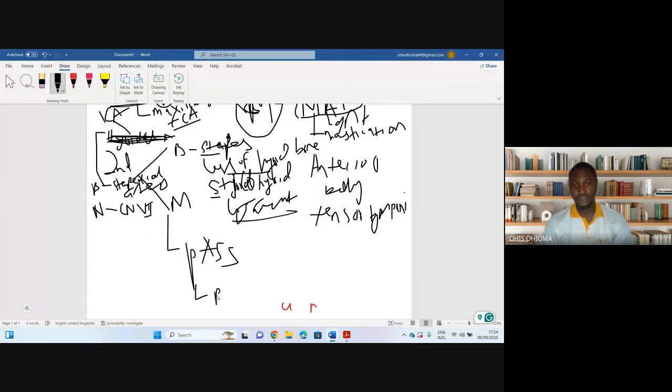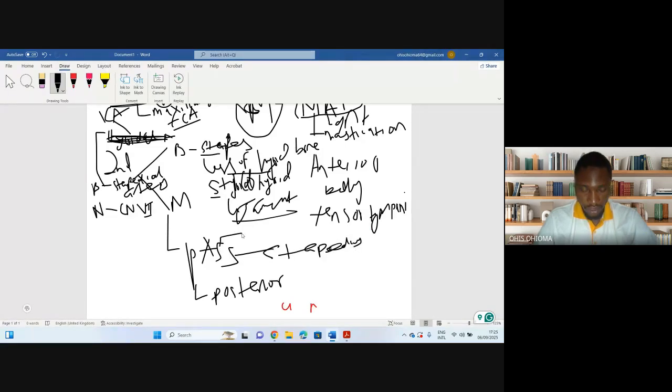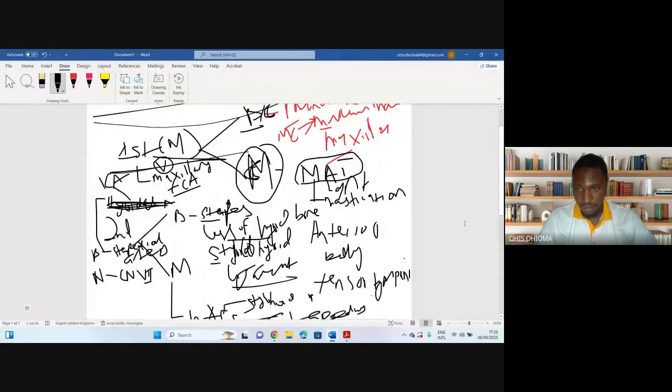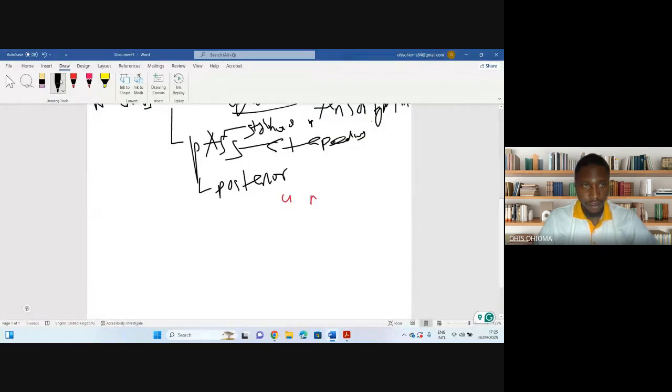So the P is the posterior belly of the digastric muscle, posterior belly, right? And so the first S here is the stapedius muscle. This second S here is known as the stylohyoid muscle.